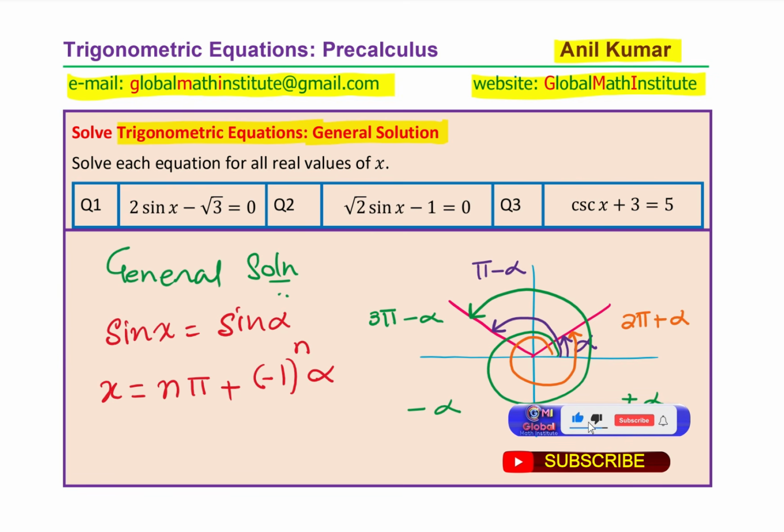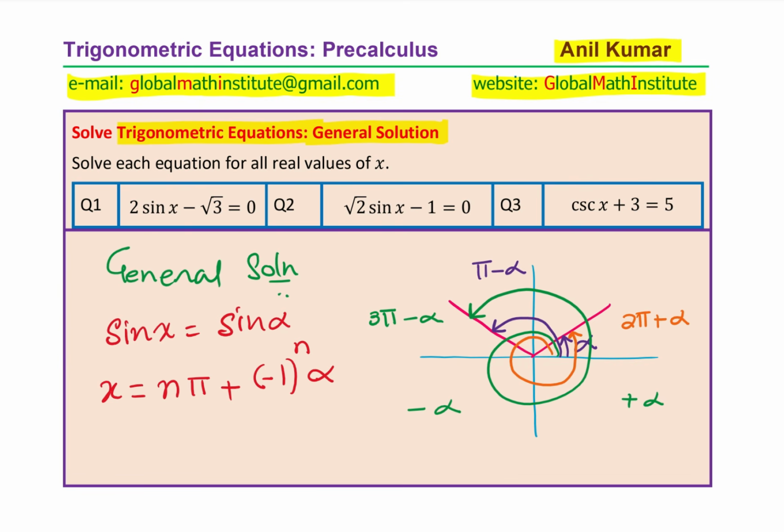So this minus 1 is kind of important to understand. It really tells you that if n is even, then you add, right? But if n is odd, then you subtract, so that you are in quadrant 1 and 4 for a positive value of alpha. Does it make sense to you?